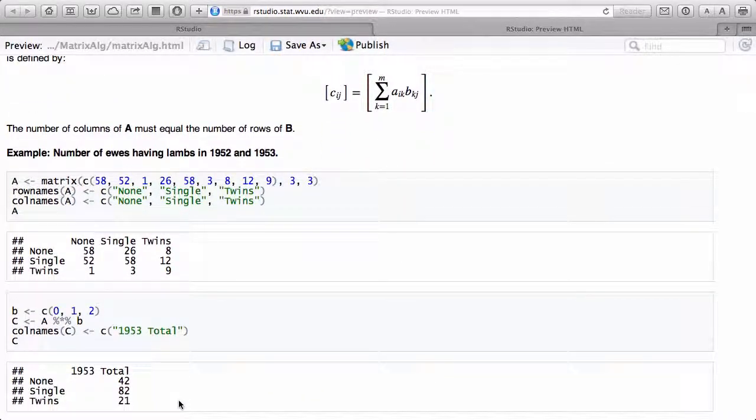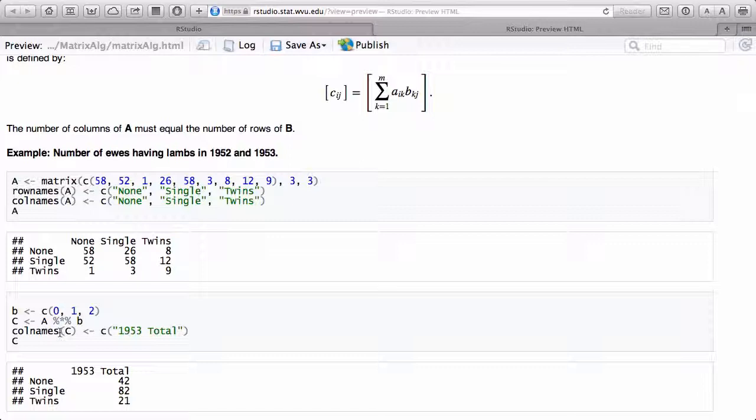Suppose I want to know the total number of lambs. I simply multiply by a vector, 0, 1, and 2, because that corresponds to none, single, and twins. Notice that scalar multiplication uses an asterisk, but for matrix multiplication I use %*%, which means matrix multiplication.